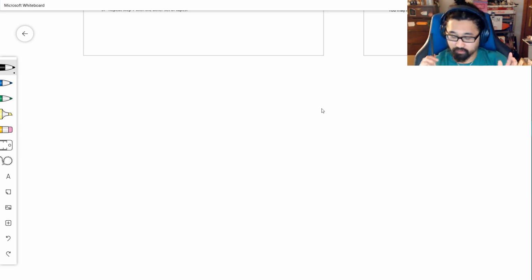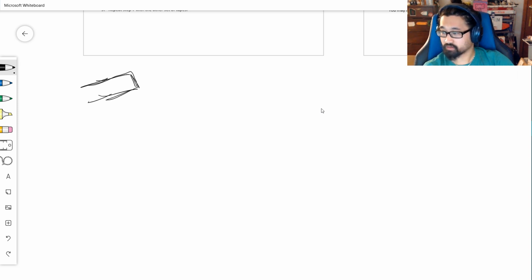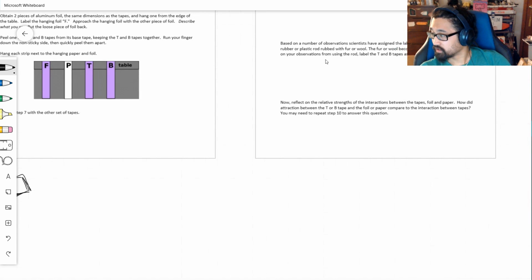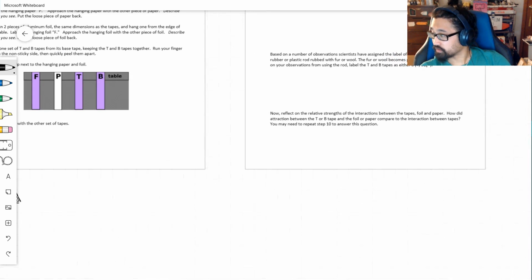But what we're looking at with that PVC pipe, which is slightly bigger and hollow, I'm just going to draw as a stick because that's easier. So here's the PVC pipe, and if you charged it with the fur, the fur becomes positive and the PVC pipe will be negative.